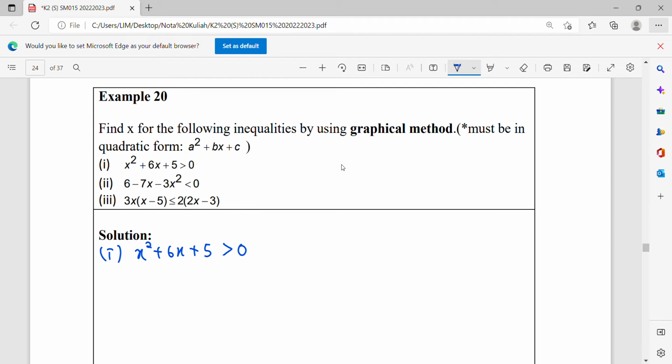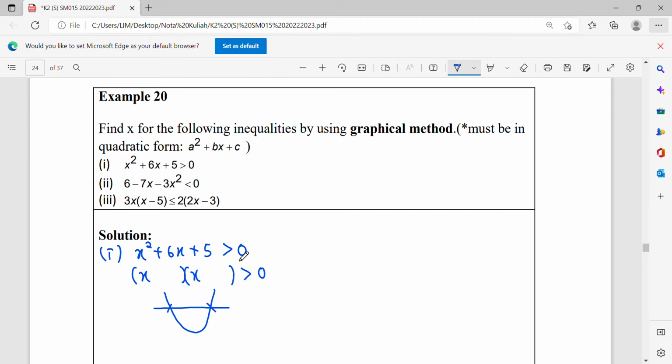Move everything to the left-hand side. So then you see your quadratic. It's already simplified. It's already a positive quadratic. We can carry on. Our next step is factorization. Factorize your x. So for this one you can use your calculator to help you find the value, so that you can graph it immediately.